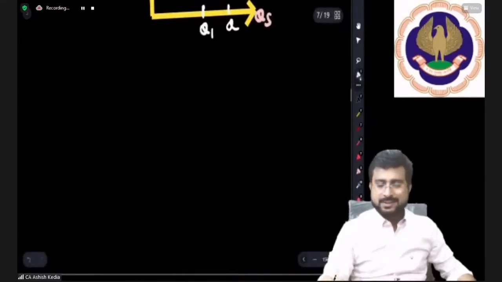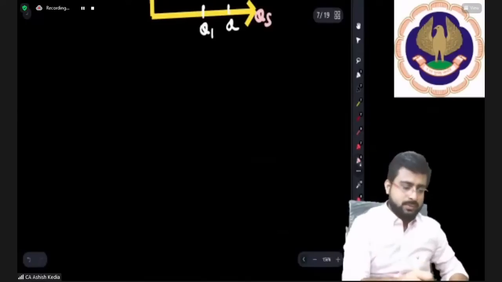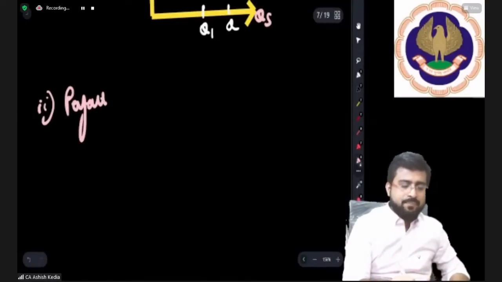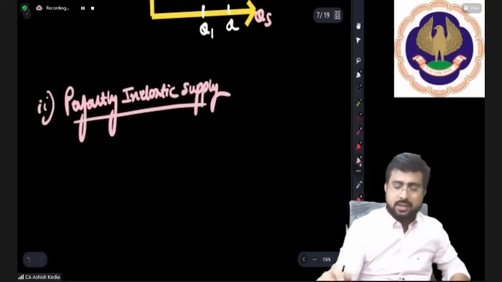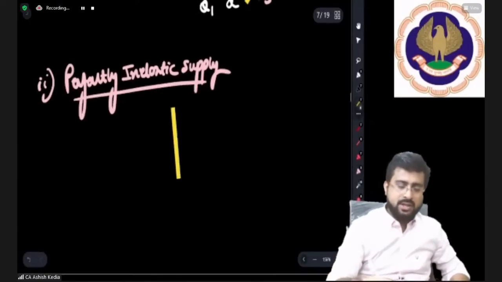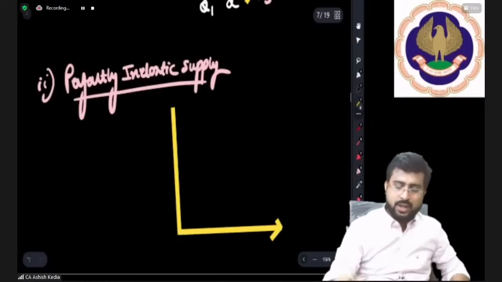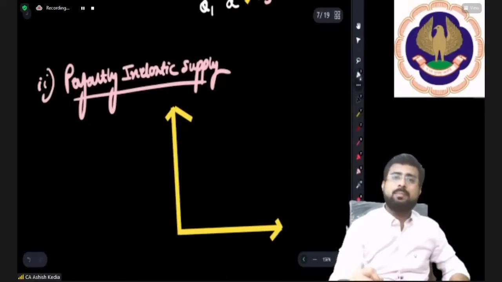Moving on. Number 2, perfectly inelastic supply. What is perfectly inelastic supply? It is a situation where just the opposite happens.